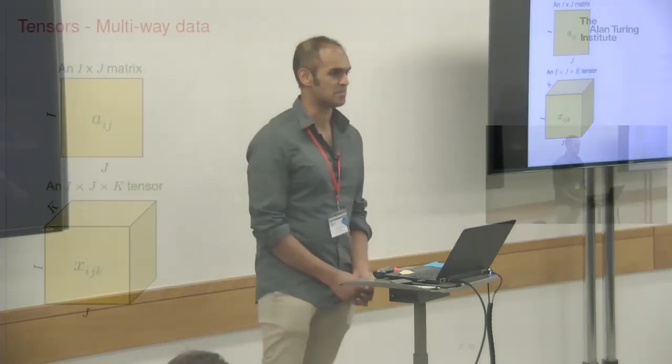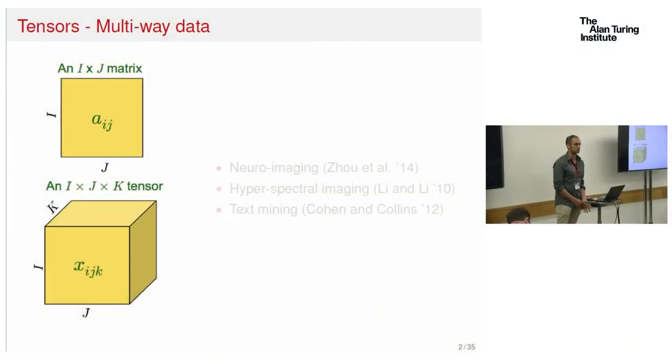The main topic of the talk, tensors or multi-way arrays, are becoming more and more prevalent in many settings in machine learning and data science for a number of different reasons. I suppose the most natural reason is that multi-way data is arising more and more frequently.